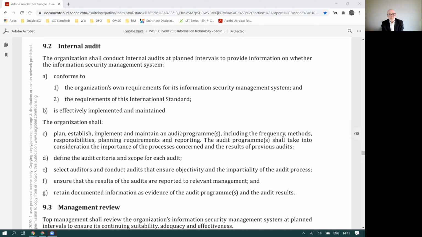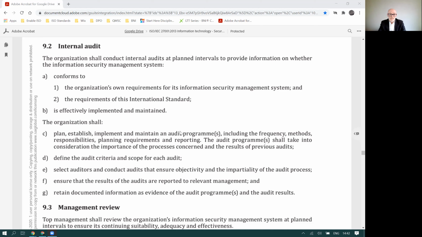So really, the expression that we would use with our clients would be, to the extent necessary, dependent on the criticality and the complexity of the processes and the nature of the work. I think every organization has to deem what's appropriate for its own requirements. I think we can look at the remainder of the clause now, which is as follows.